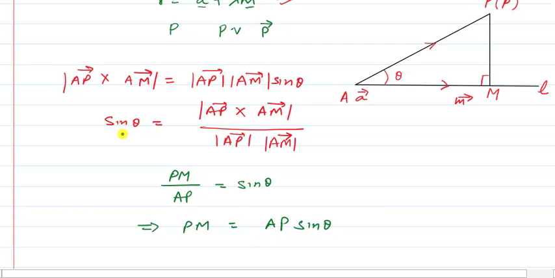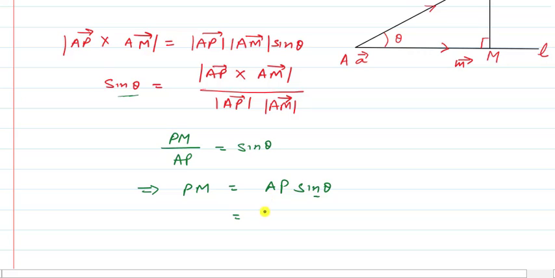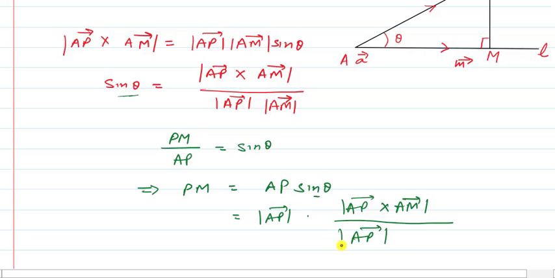Let us put the value of sin theta from here to this equation. So we are getting AP into sin theta, and sin theta is modulus of AP cross AM upon modulus of vector AP and modulus of vector AM.